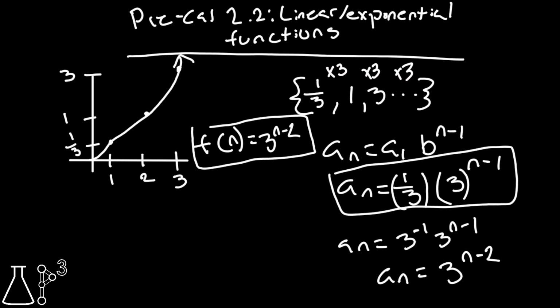So basically, let's say it asks me for f(0). f(0) is going to be 3 to the 0 minus 2, which is equal to 3 to the negative 2. And that is just 1/9.